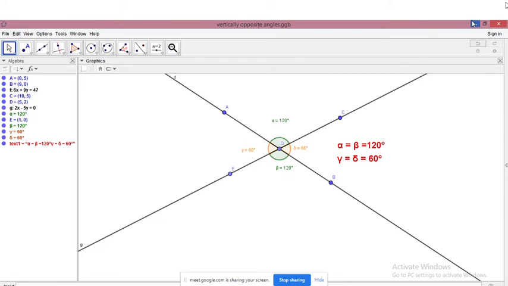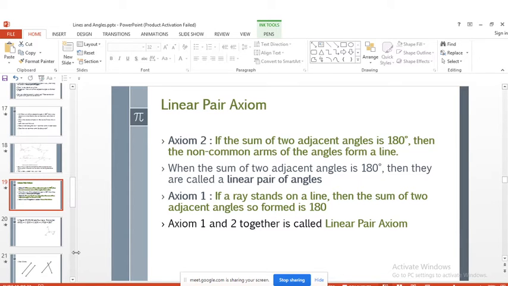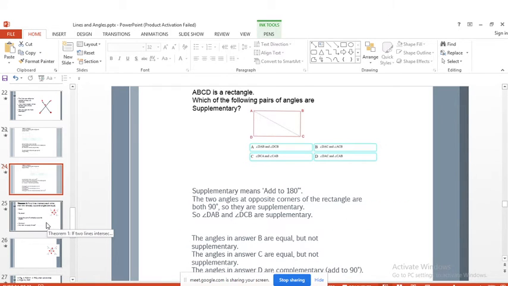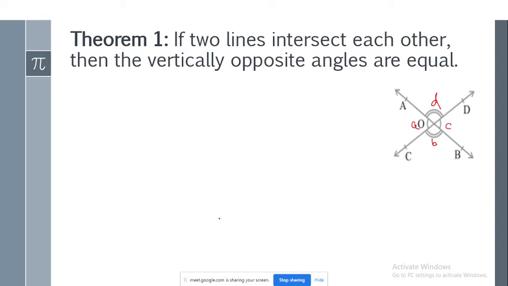So we state this as a theorem. Now can Jahnavi read this theorem for me?